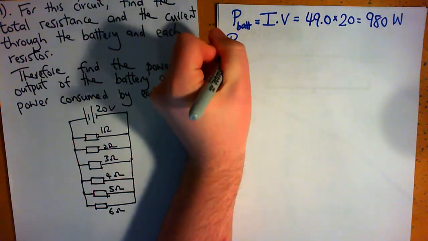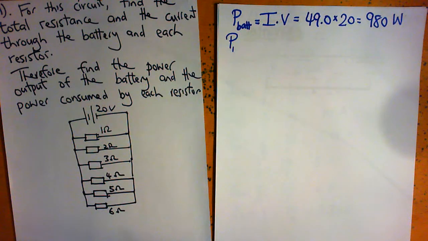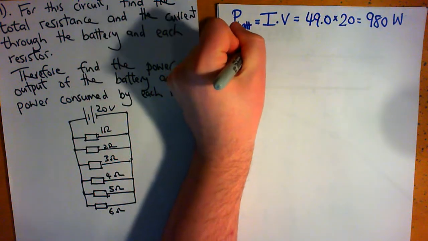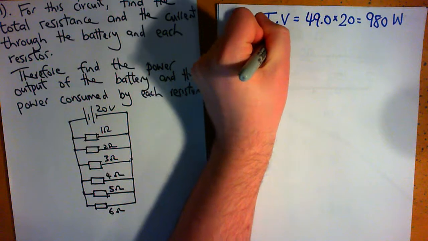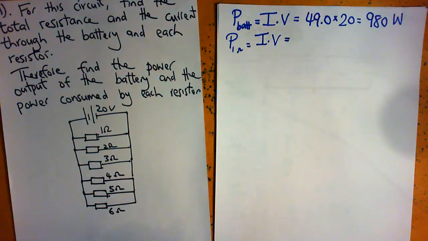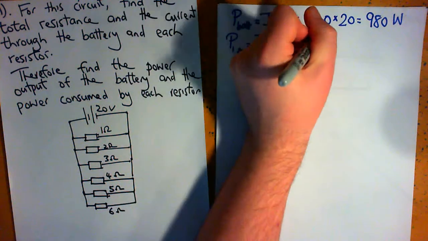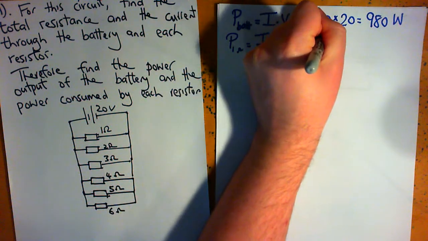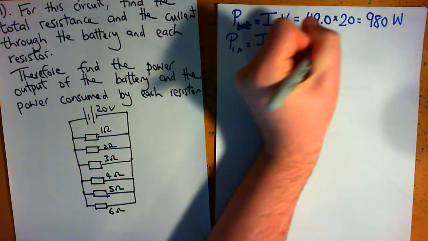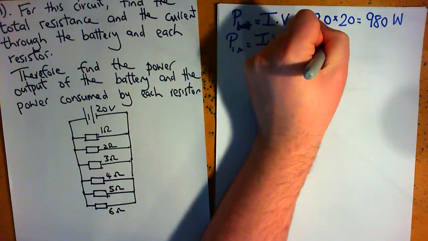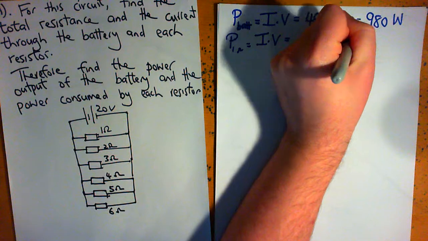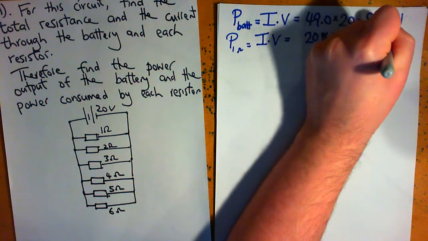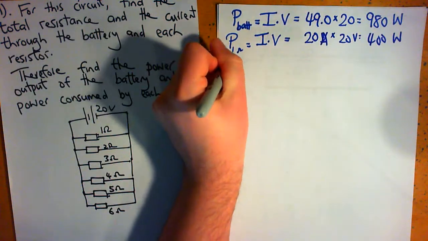And now let's work out the power consumed by each resistor, which should add up to 980 watts there. So the power of the 1 ohm resistor is I times V. The current across the 1 ohm resistor we calculated before was 20 amps, multiplied by the voltage of 20 volts, which gave us 400 watts.